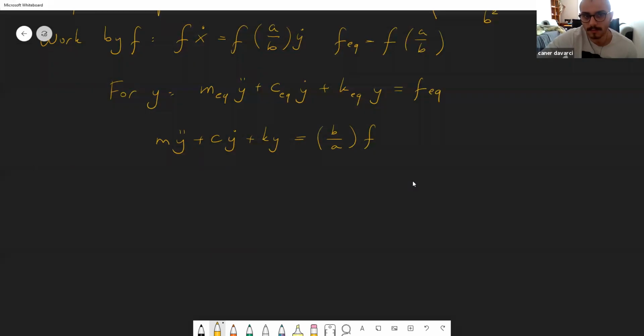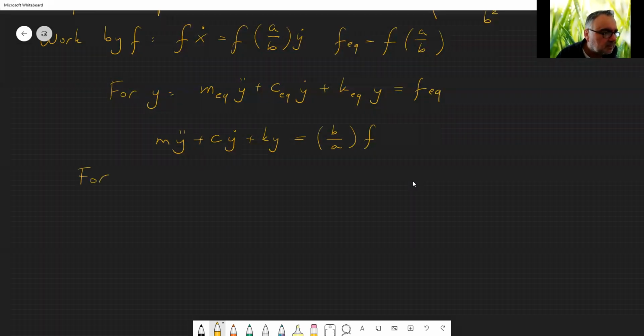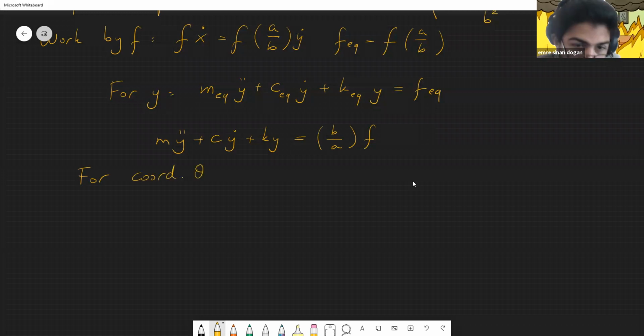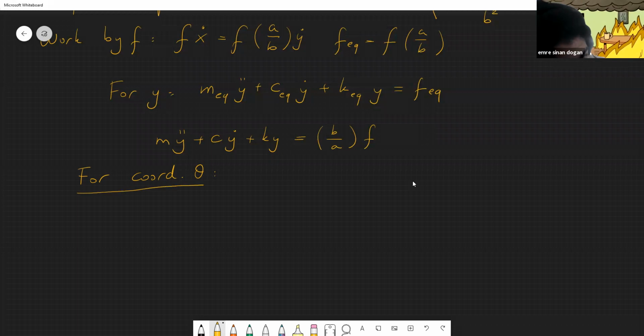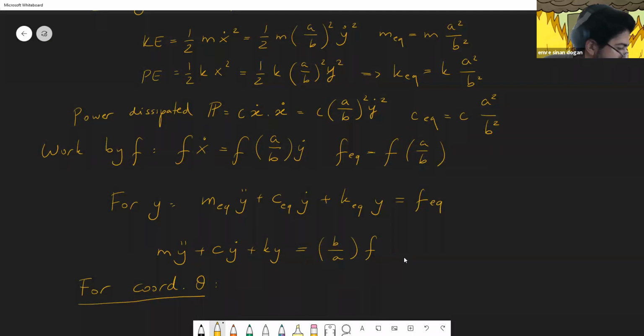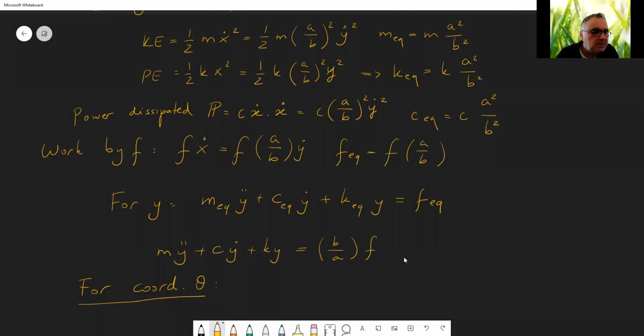Okay, and for the coordinate theta, Hocam, may I ask something? Yes. About the power dissipated, can you explain how we find it? Because when I look at our notes, I just find we need to take V1 minus V2. Okay, now this is C x dot, the damping force. Damping force times the velocity. Force times velocity is the power.